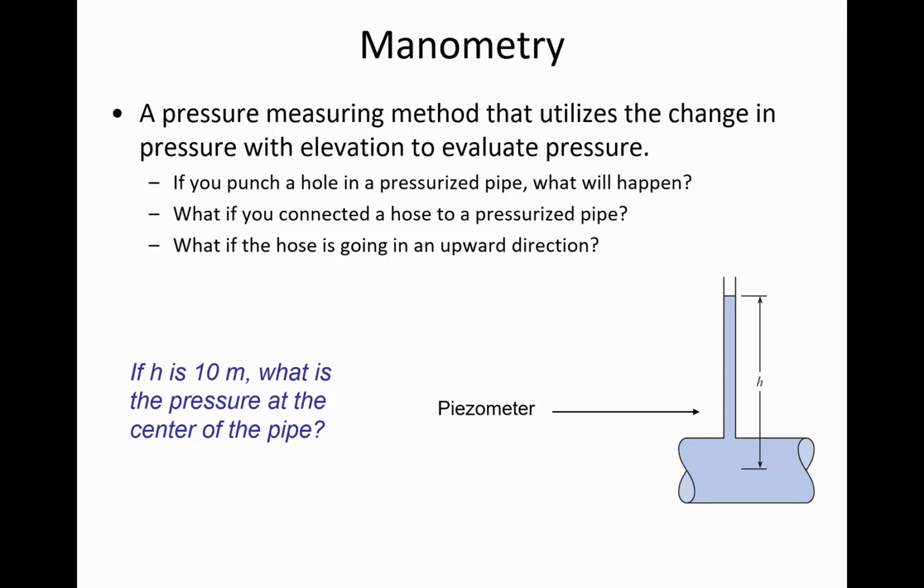You can use the hydrostatic equation to calculate the pressure at the center of the pipe. And earlier I said that sometimes we use pressure head as a way of quantifying the amount of pressure. This is one of those cases where it's called the pressure head, the height to which water will rise in a static tube.